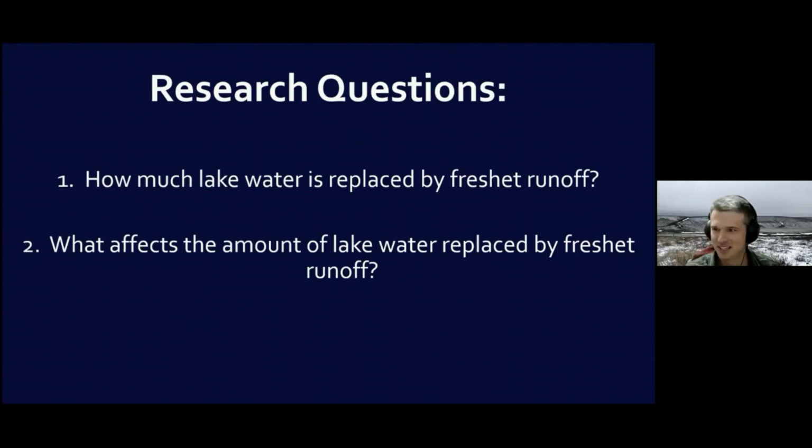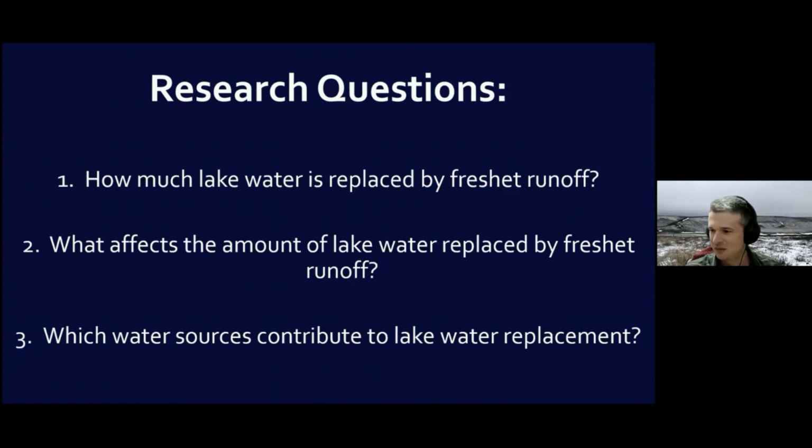So were there some lakes which were having more of the water replaced by freshet runoff and less, vice versa? Are there any watershed or lake characteristics which we could tie to those? And three, what are the sources of water that contribute to lake water replacement? So is it all just snowmelt runoff? Is there some soil water mixed in there?